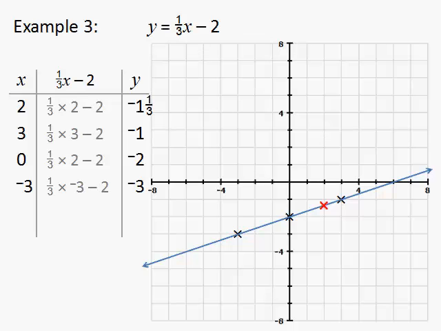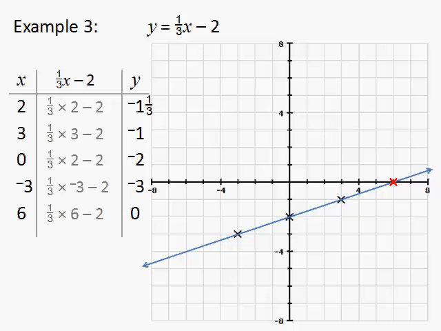So that's all we have to do to make lines work. We can plot more if we want to check. In this case, 6, a third times 6 minus 2 is 0. But in general, you only need 3 points and if they form a straight line, that's mostly enough.